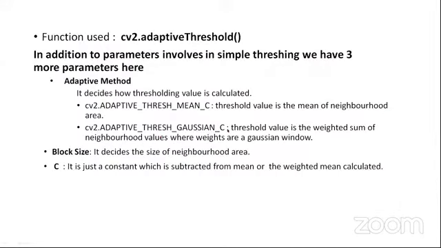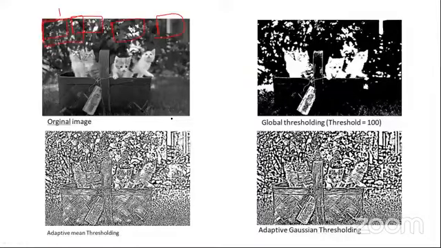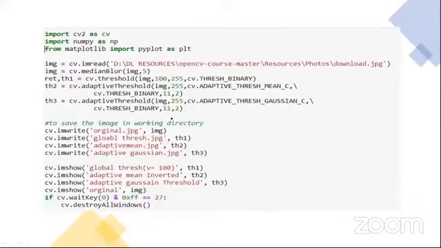The other is ADAPTIVE_THRESH_GAUSSIAN_C. It takes the neighborhood values weighted from the Gaussian distribution. We also specify a constant C which will be subtracted from these values, to provide some adjustment in the threshold, because the algorithm calculates the threshold automatically.